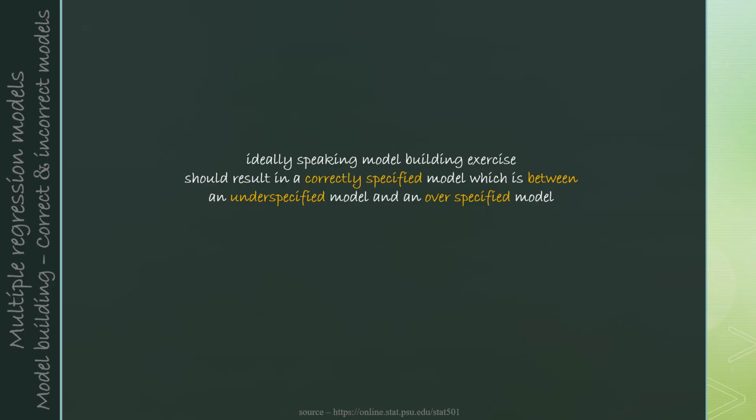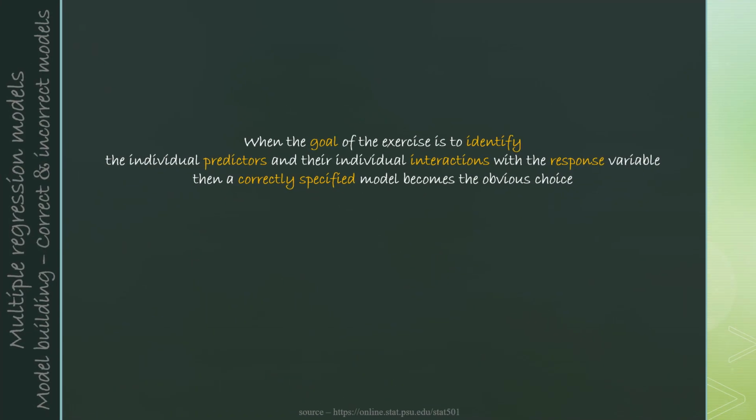Therefore, ideally speaking, the model building exercise should result in a correctly specified model, which is between an underspecified model and an overspecified model. However, one can make certain relaxations based on the goal of the exercise. When the goal of the exercise is to identify the individual predictors and their individual interactions with the response variable, then a correctly specified model becomes an obvious choice.